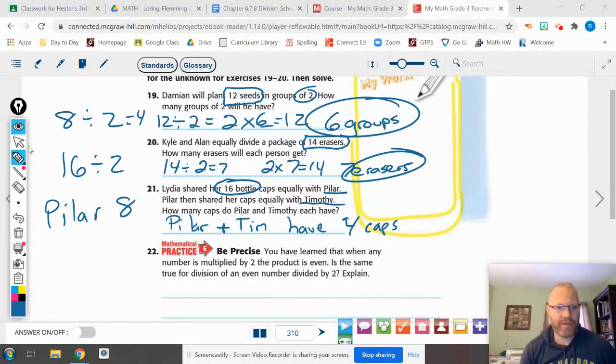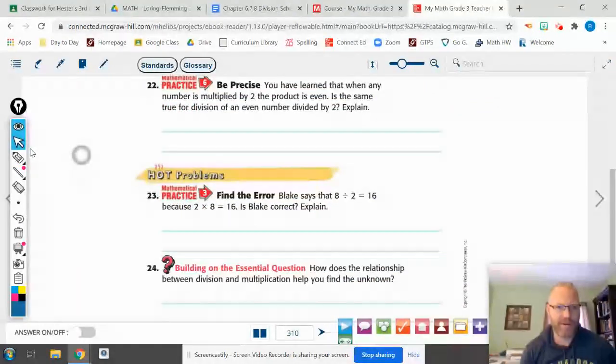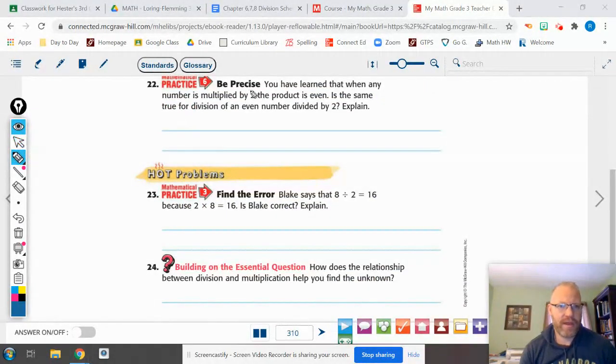And then we move down to number 22. Make sure you check your notes. Save my work if you need to. And you have learned that when any number is multiplied by 2, the product is even. Is the same true for division of an even number divided by 2? So if you said 10 divided by 2, is the number even?